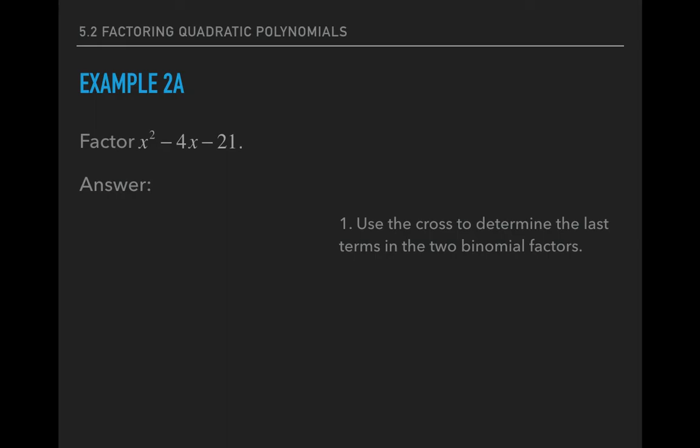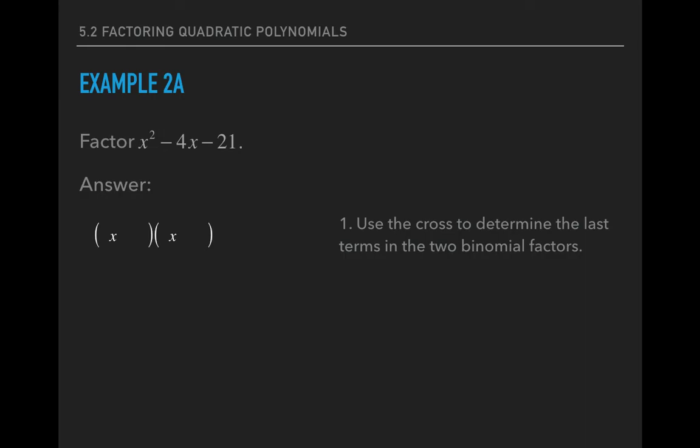We're trying to undo distribution. So what I think a lot of you were discovering when you were working through those Tarsia jigsaw puzzles was that, okay, I know that it's definitely going to start with x, and then it's going to be plus or minus something, and x plus or minus something. So we're trying to write them as their little binomial products, those factors.